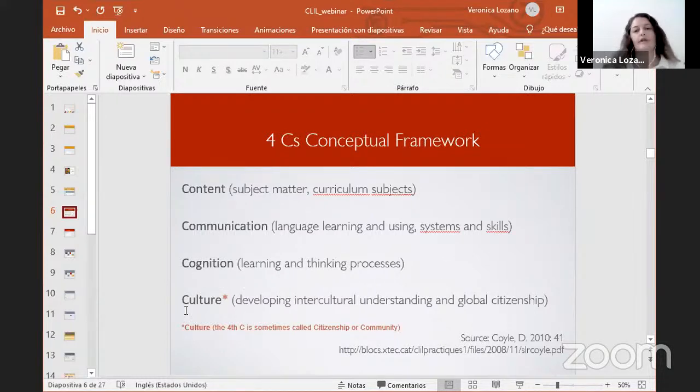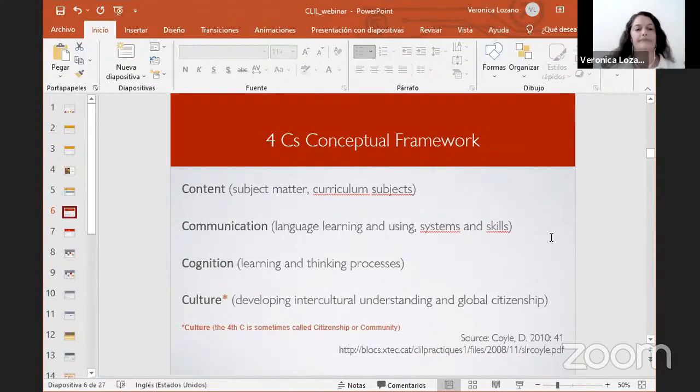Then another important ingredient would be cognition, which refers to learning and thinking processes. These are thinking strategies, study strategies that are very important when we want to help learners access unfamiliar content, such as what we would have in a curriculum subject.